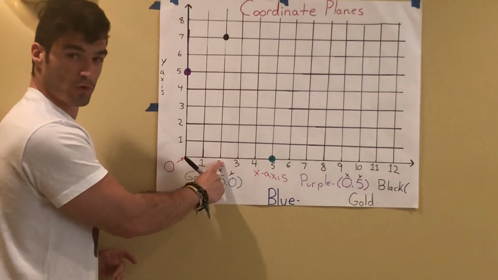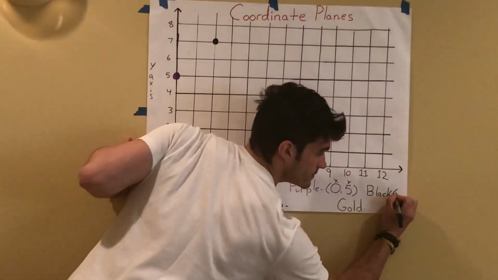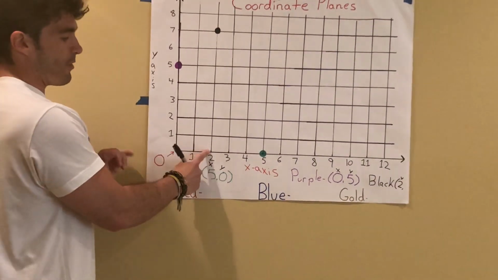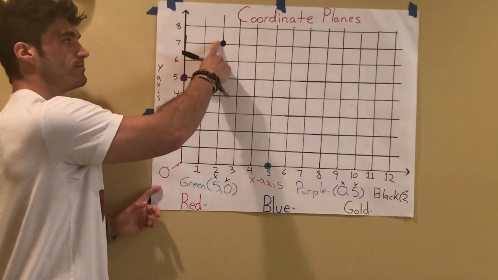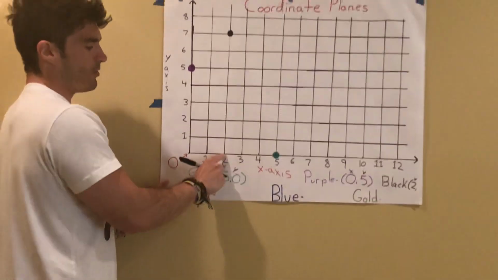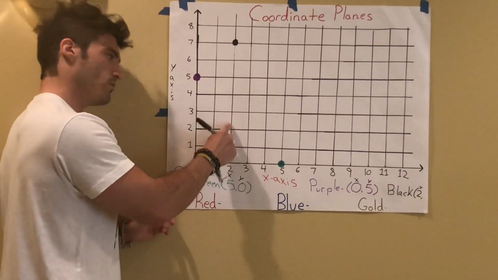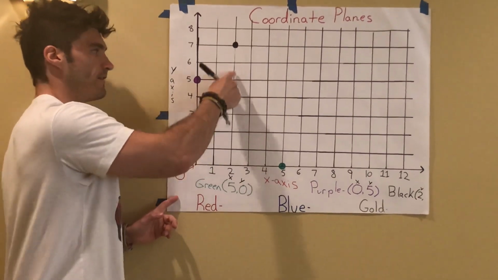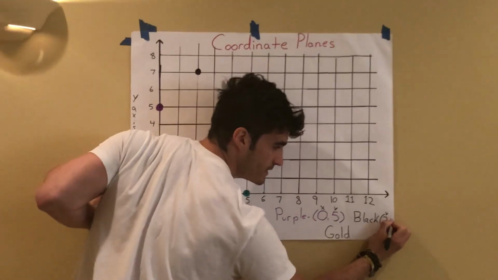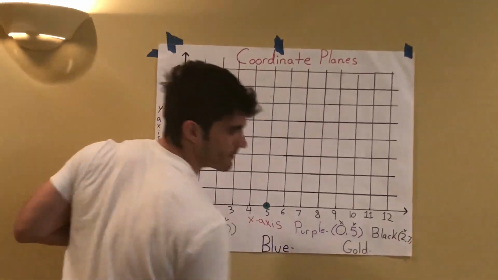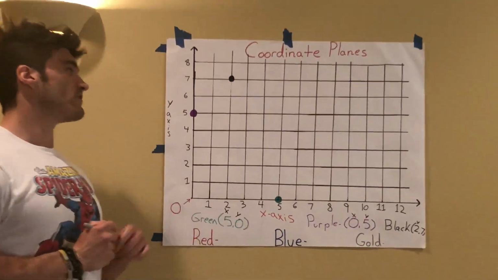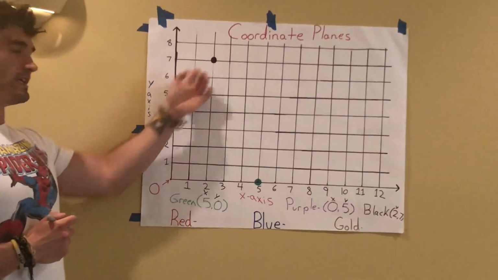So my x coordinate in my ordered pair is 2. And my y, I have to go up now because I've got to get to 7. So if I go over 2, I now go up 1, 2, 3, 4, 5, 6, 7. So my ordered pair is going to be (2, 7). That is my ordered pair for the black dot. So we have just identified the locations of these.